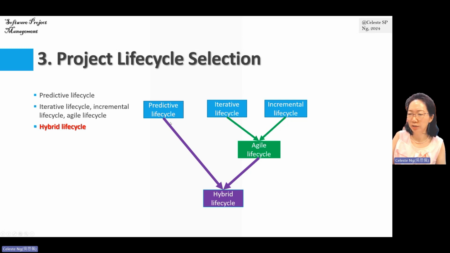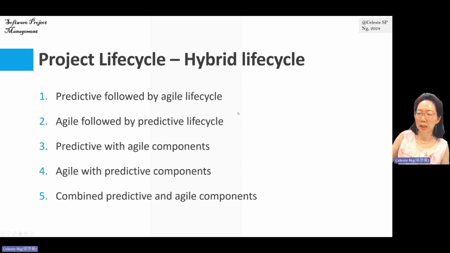A combination of predictive and any one of these, or a combination of predictive project lifecycle plus any of these components. Okay. So now let me give you some examples of different combinations of hybrid project lifecycle.